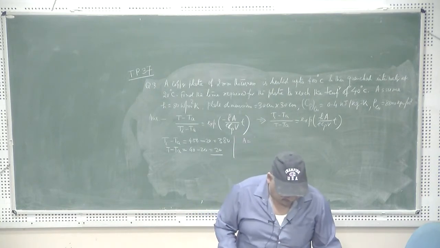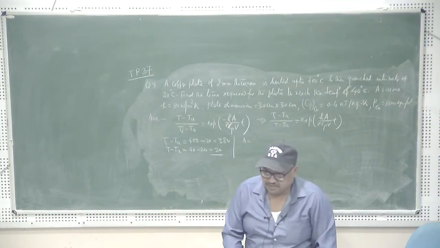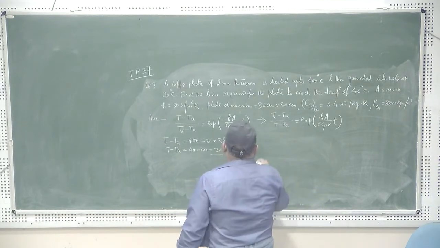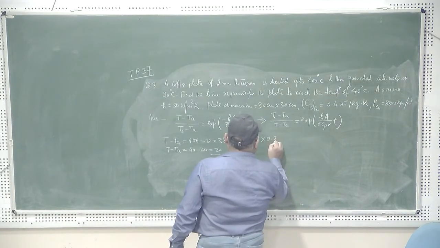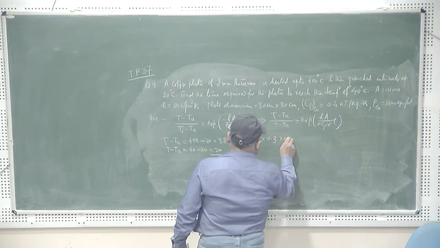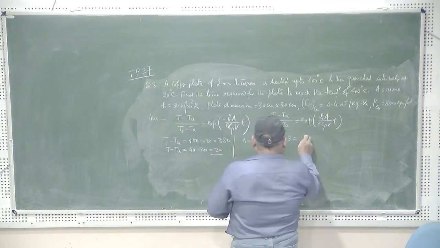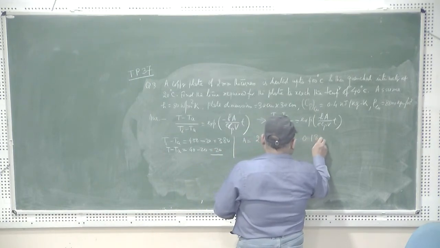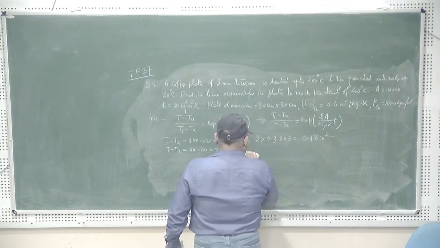So the area will be 2 into 0.3 meter into 0.3 meter, that is equal to 0.18 meter square. And what about the volume?